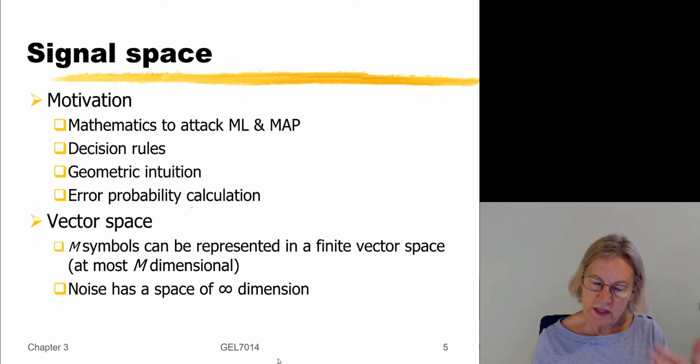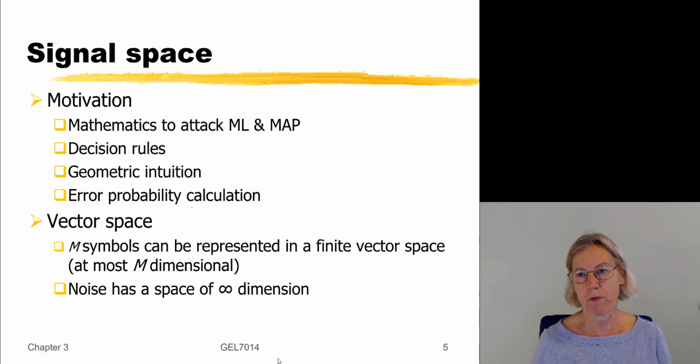But we'll deal with these two issues, and we'll see that it's not the noise everywhere that matters. It's just the noise in my signal space that will be important. But we'll develop that mathematics. But just to start out, the idea of using a vector space: the vector space will be finite dimensional for the signal, infinite dimensional for the noise.